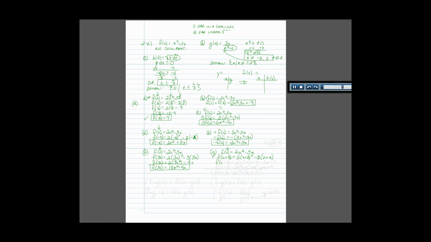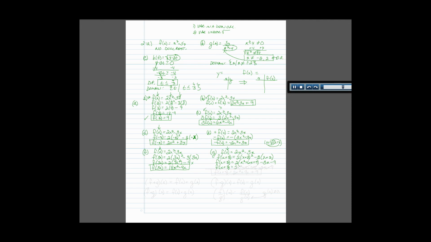F of x plus 3 is equal to 2 times, we square this by FOIL, writing it twice if necessary, and you're going to get x squared plus 6x plus 9. If you don't believe me, FOIL that out and you'll see. Now let's distribute the negative 3, minus 3x minus 9. All right, we've got some simplifying to do.